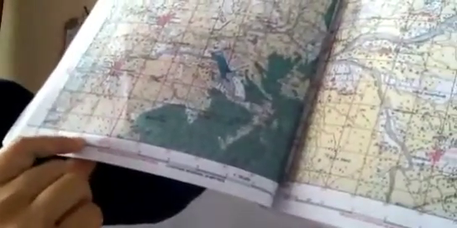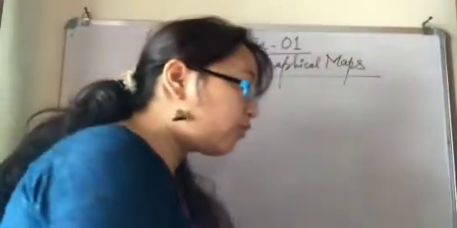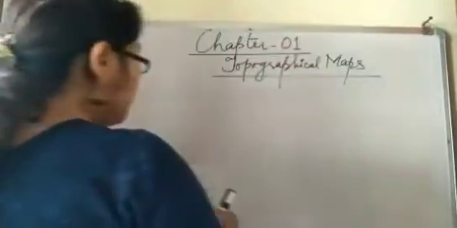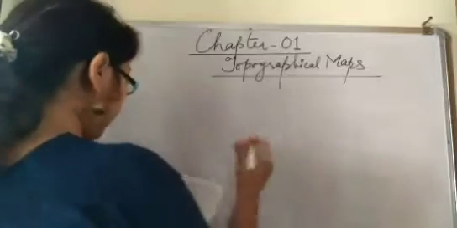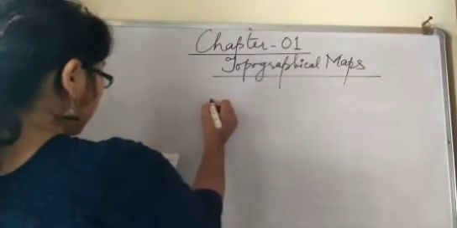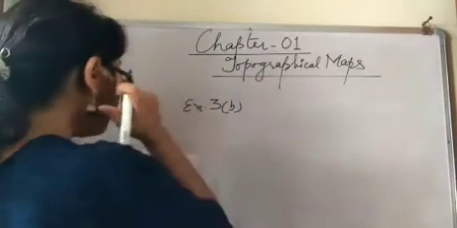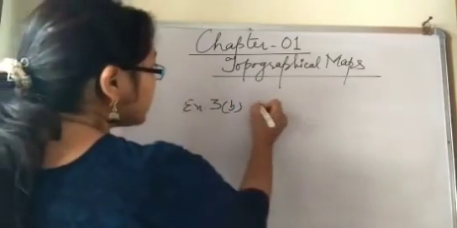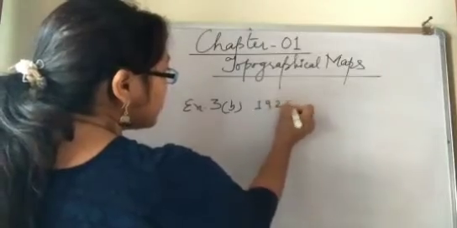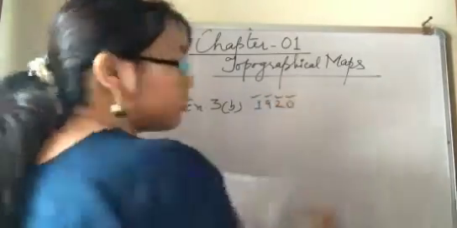You see this Moti Talao and see the easting reading, that is 19, and the northing reading is 20. So the 4-figure grid reference of exercise 3B, Moti Talao near Gulabganj, is 1920. 1, 2, 3, 4.